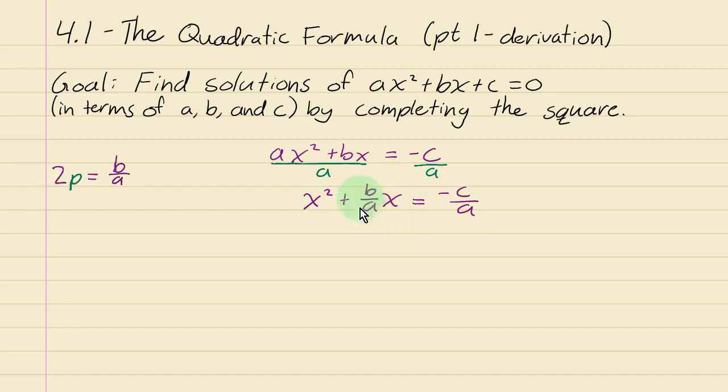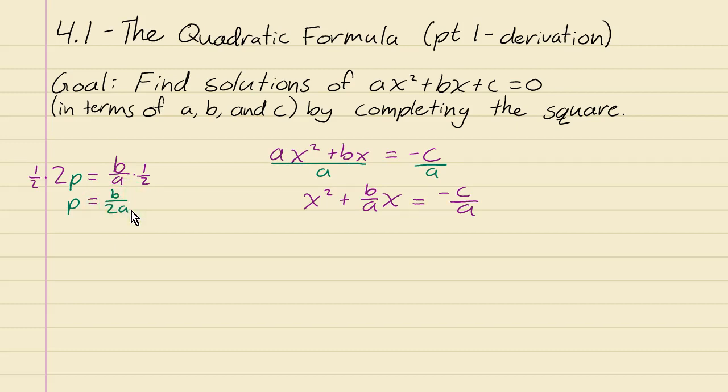So that means the b over a, that coefficient of the x, that's going to be the 2p. So if you multiply both sides of this by 1/2, that will cancel out with a 2 and just leave you with p equals b over 2a.